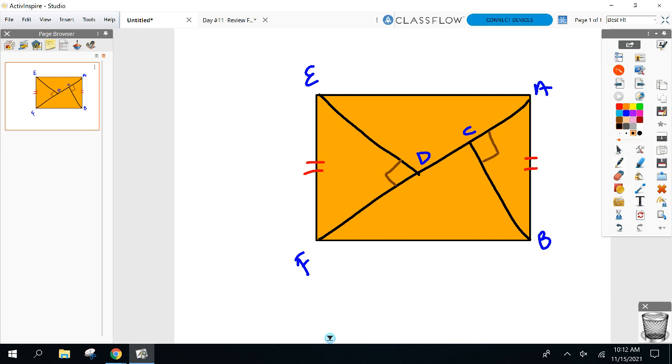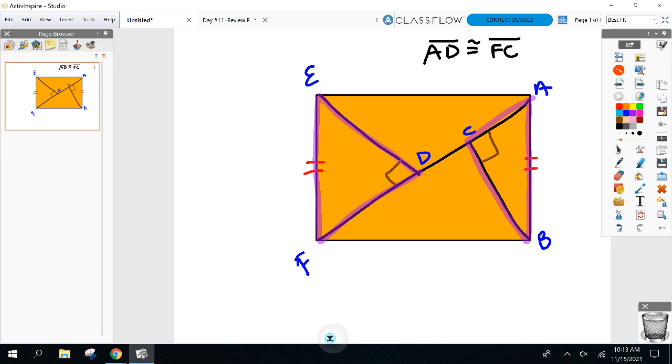And also I'll give you AD is congruent to FC. I'll give that to you. Prove to me why these two triangles are congruent.